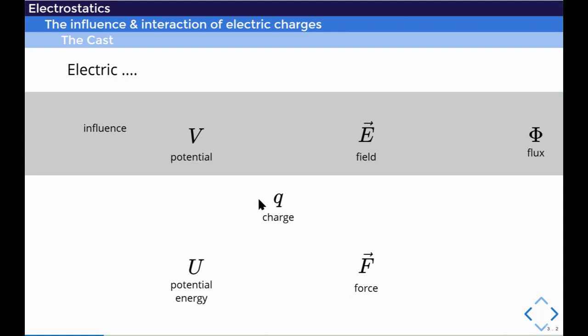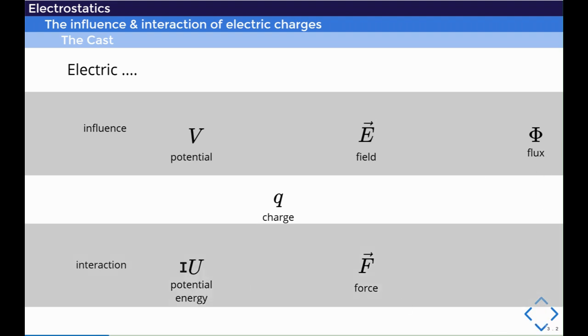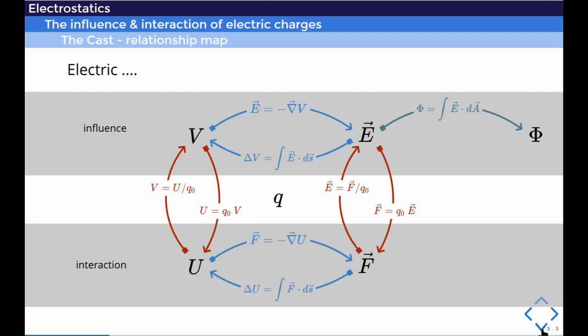It's only about what it's doing in its vicinity. And there are going to be some characters that are about the interaction between this charge and some other charges. We call this the potential energy or the force. We've talked about electric potential energy. We've talked about gravitational potential energy and elastic potential energy in physics 1. This is electric potential energy, and we'll see how that comes into play. And then we're also going to learn about the relationships between them.